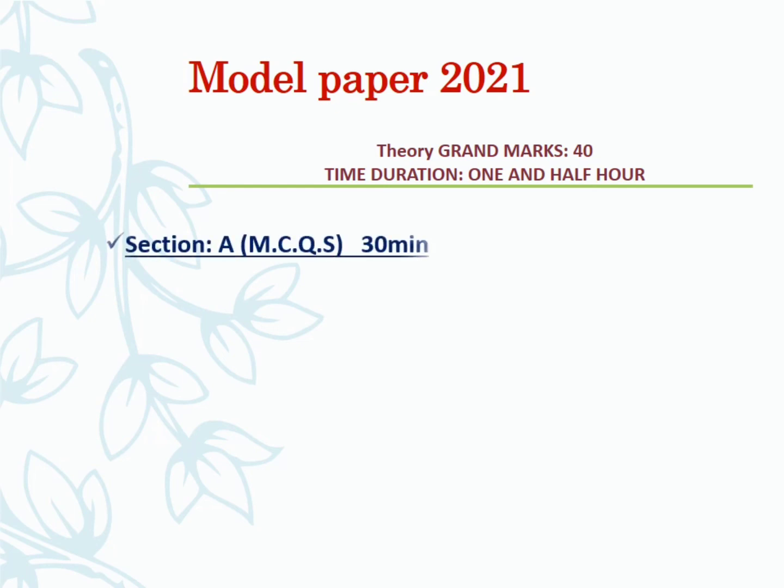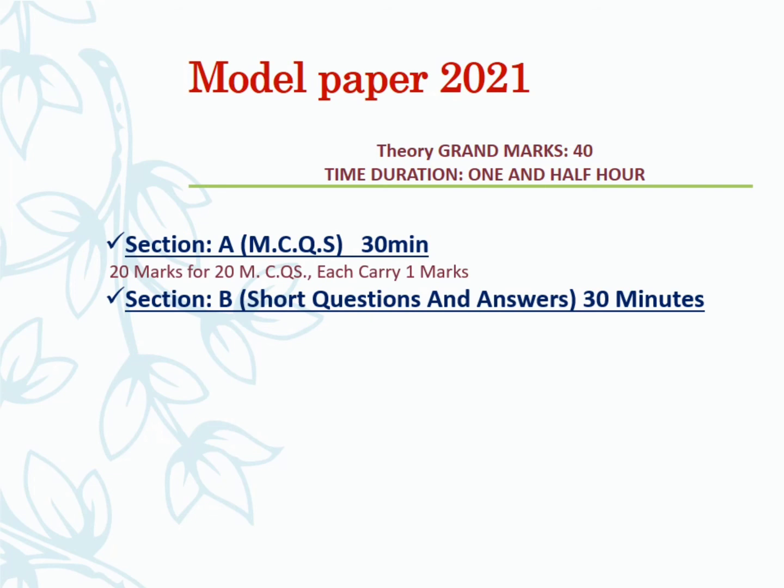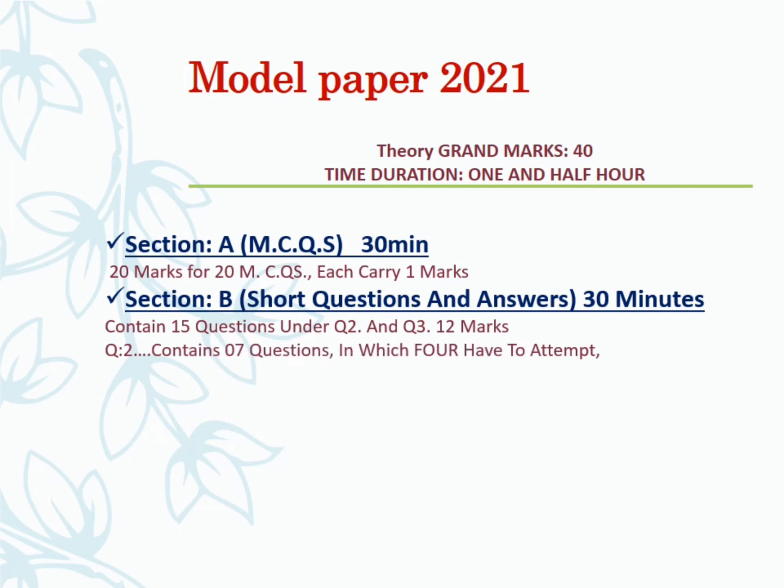Your section A contains MCQs as usual, but it contains 20 MCQs of 20 marks, each carrying 1 mark, while section B is also a short question and answer section in which 15 questions are given under question number 2 and question number 3, of 12 marks.